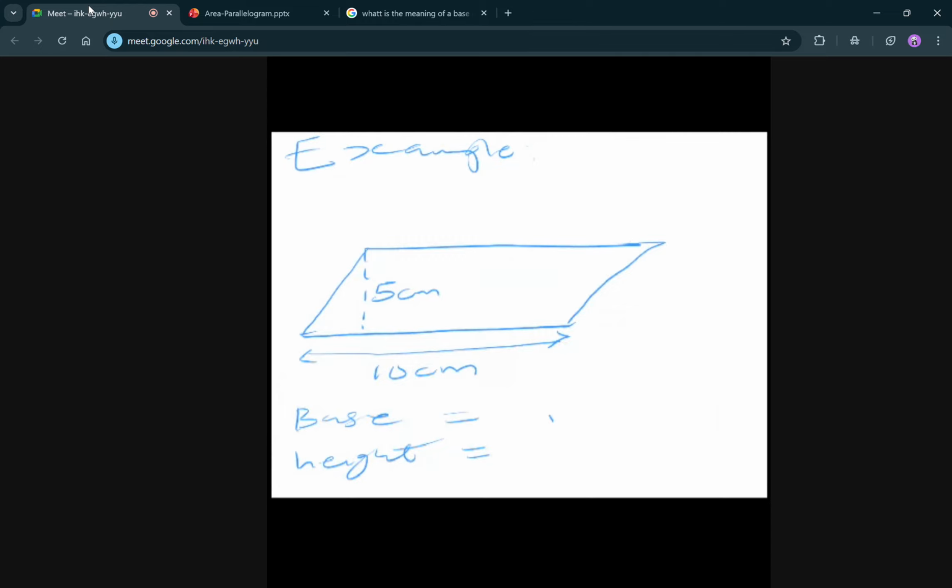And here I gave you a diagram. I'm asking you what is the base of this diagram here? The base of this diagram is 10 centimeters.